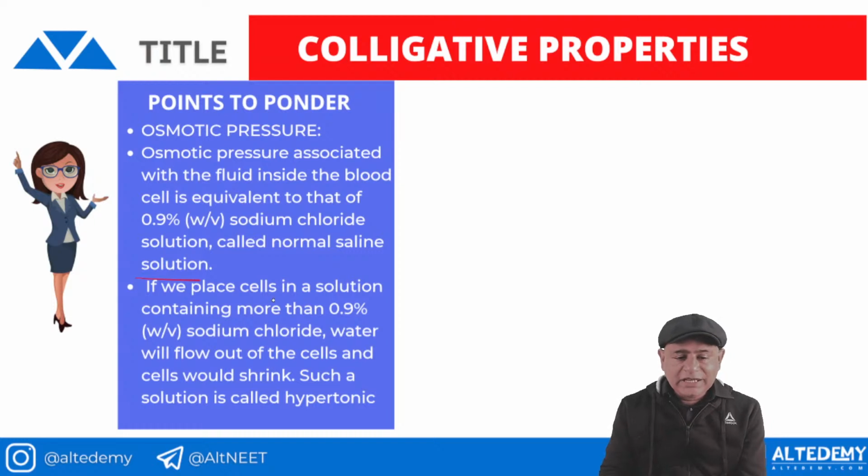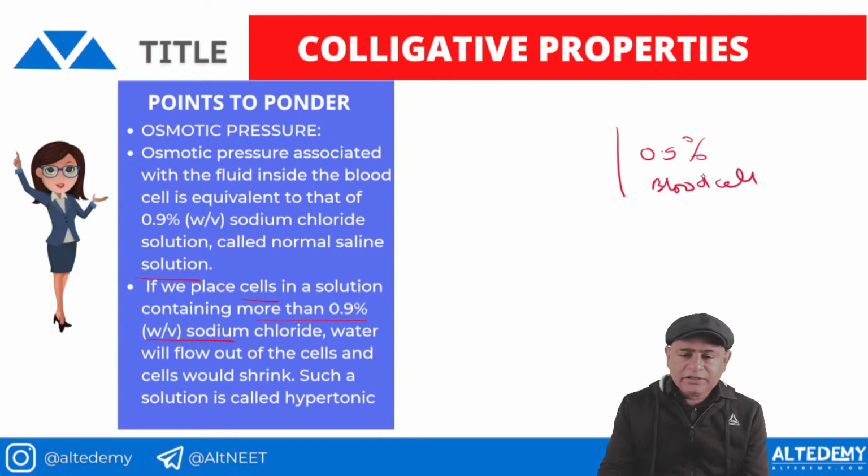Now, if we place blood cells in a solution containing more than 0.9% W by V sodium chloride, and let us suppose we are putting 1% NaCl solution, what will happen? This is lower concentration, this is higher concentration.